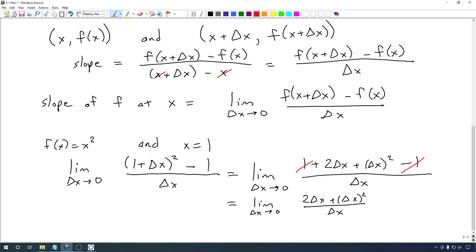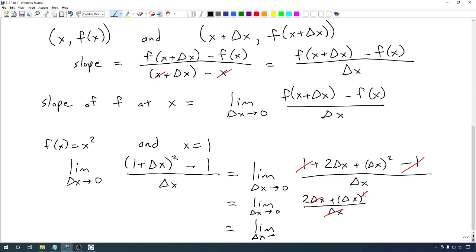Basically, we have a delta x in all the terms on top. We can cancel that with the delta x on the bottom. Notice that when we cancel this delta x on the bottom, we have to cancel it from every single term on the top. That means we cancel it from here, leaving just the 2. And the delta x squared, we have to cancel one of those, which means I'm just going to cancel the square here. Basically, delta x squared over delta x is just delta x.